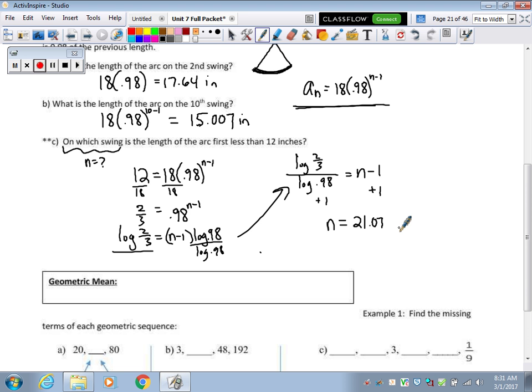So on the 21st swing, because I don't know if I'm rounding up or down, on the 21st swing, I would be at 12.02. So it's not less than 12. So I need to go to the 22nd swing. That gives me 11.8. So the 22nd swing. Cool.